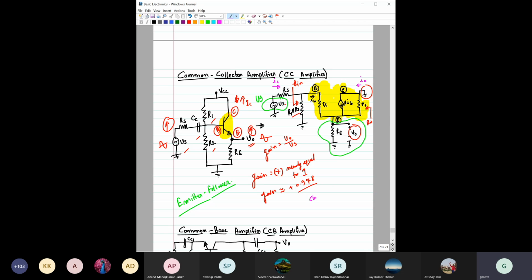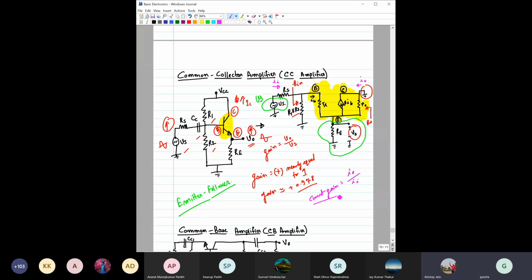So the current gain you can find from I out by II. You have to find the current flowing through this RS, and the current here. If you know that, then just take the ratio and that will give you the current gain.